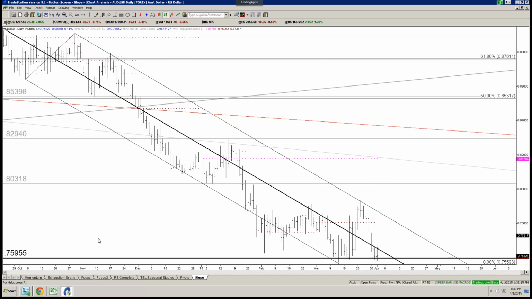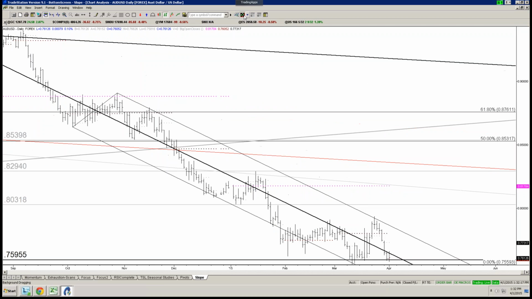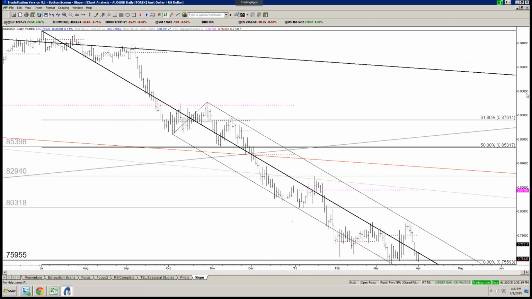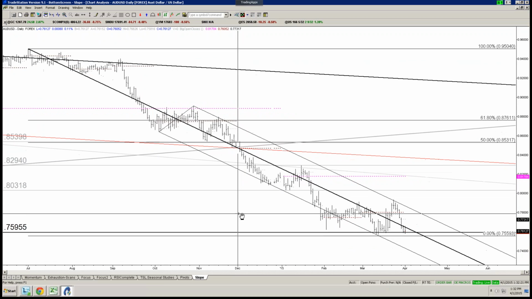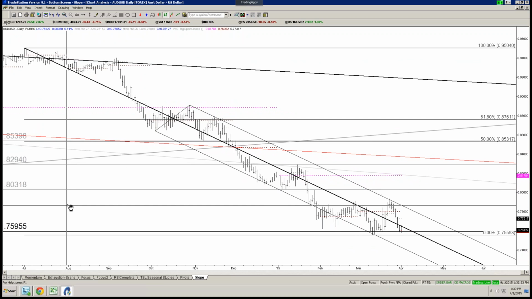So again, with the Aussie, still you want to follow this slope, continue to follow it. I think this little slope here is really the key to following what's going to happen for the next big move in the Aussie.